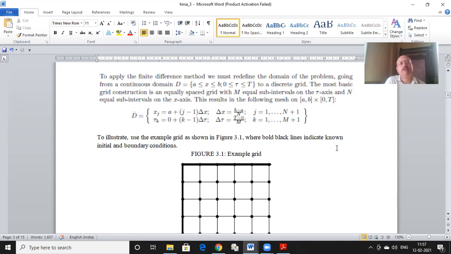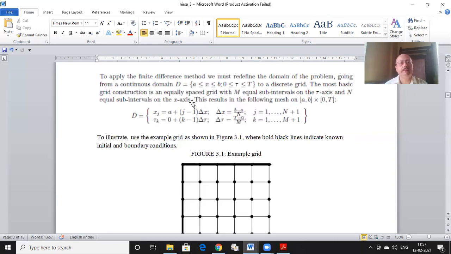I convert it to the discrete grid for numerical analysis. So what we do is this capital D is our continuous domain. That is now converted to this capital D bar here, which is defined through these two step equations.